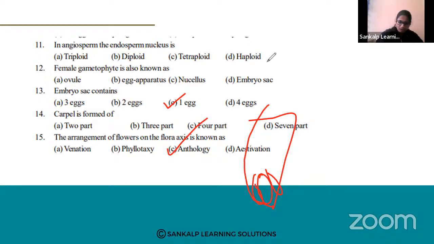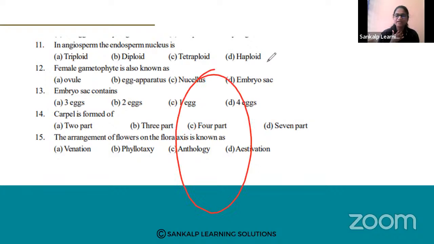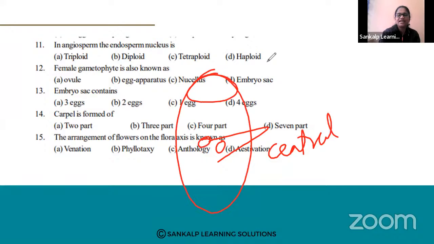Okay, Kirtana, I have explained the female gametophyte so far. Where are you? So in the female gametophyte, at the center, you will have 2 polar nuclei, which is called the central nucleus. At the chalazal end, you have 3 cells, which are called antipodals.